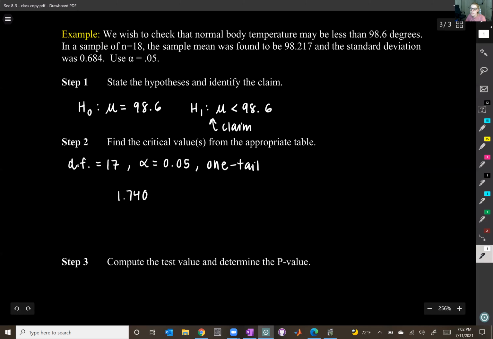But because it is a left tail test, we want that to be negative. If it's a left tail test, you want it to be negative. If it's a right tail test, it just stays positive. And we know it's left because we're claiming mu is less than something. So I'm just going to draw a little picture.